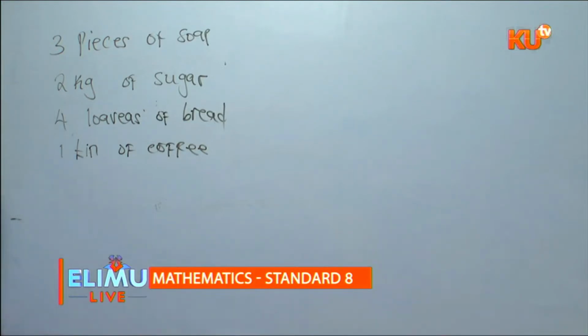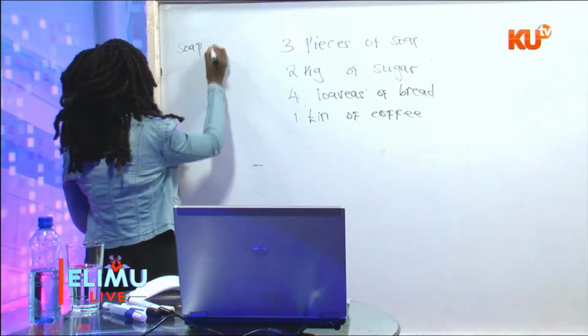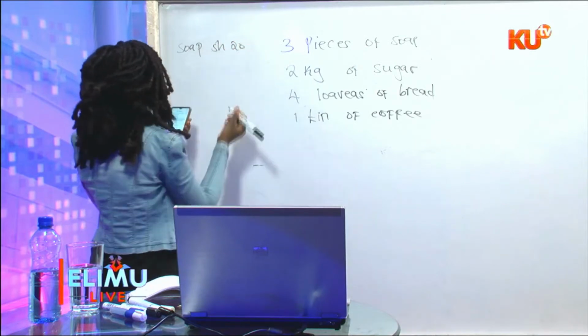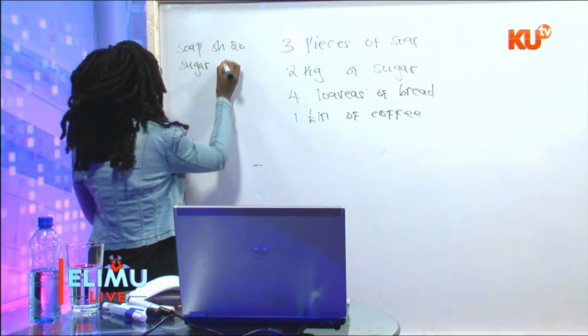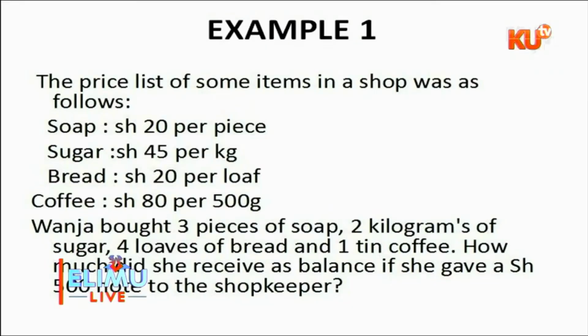That is Wanja. And remember we had said that soap costed 20 shillings per piece, and then sugar costed 45 shillings per kg, and then we had bread, costed 80 shillings per 500 grams.